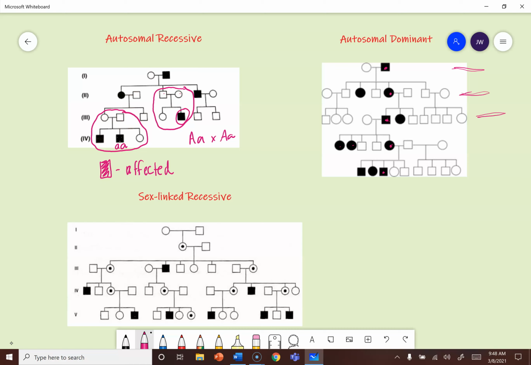And what I'm trying to explain is that if you look over here on the recessive, it appears in this generation, and it appears in this generation, and it appears in this generation. But we want to look at the direct line. And if you look at the direct line, parent, child, child, you don't see that inheritance in every single generation. So just sort of keep that in mind. That's what we mean by appears in every generation. It means that every parent to child shows that trait.